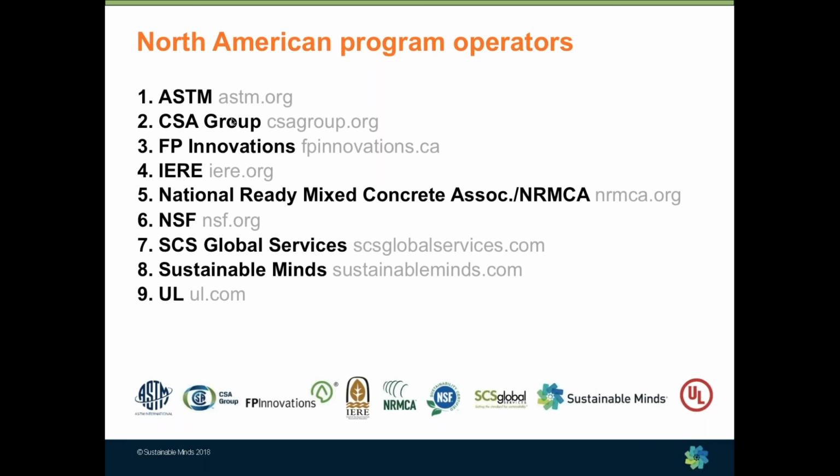So it's not surprising that organizations like ASTM, CSA Group in Canada, NSF, UL, SCS, who already are in the standards development business, said, sure, we'll add program operation to our business.